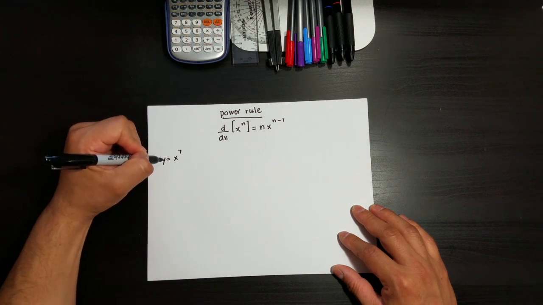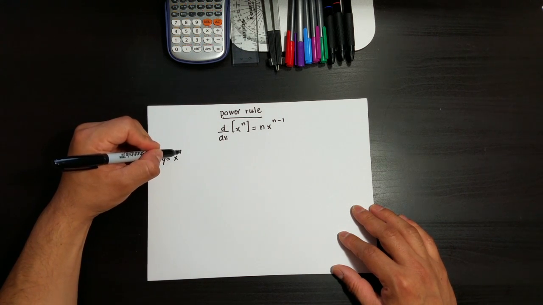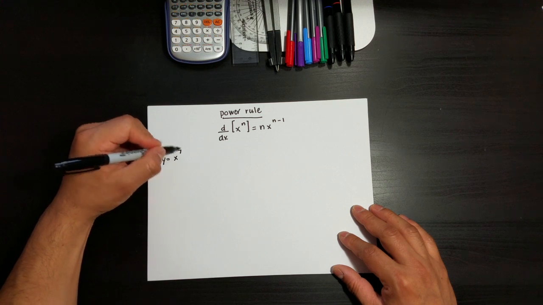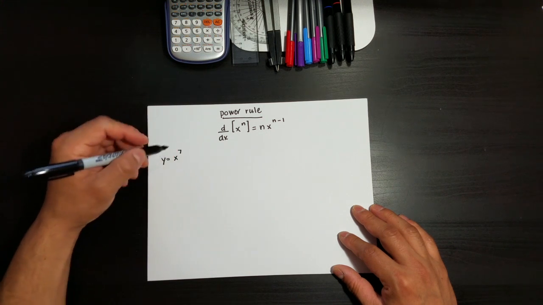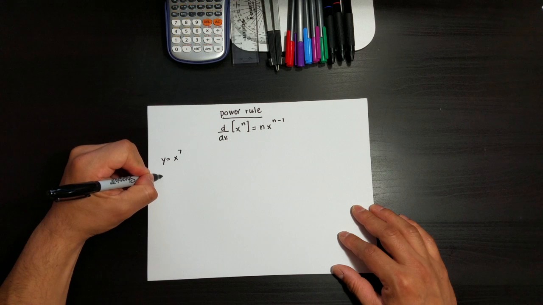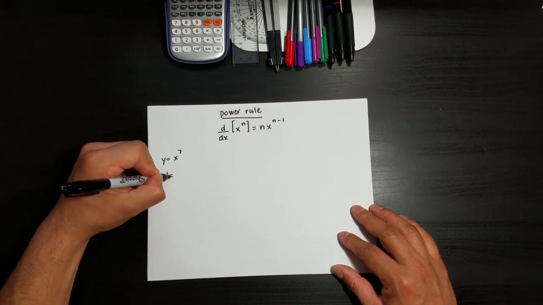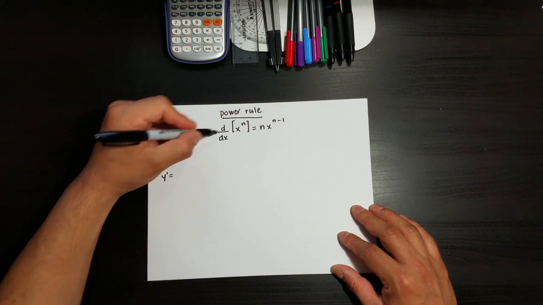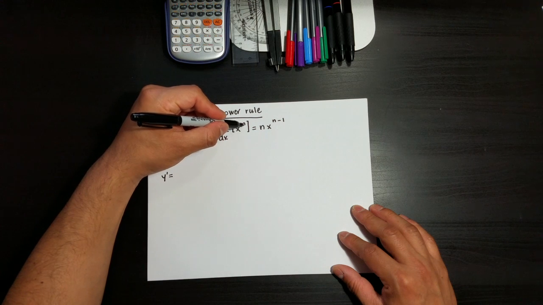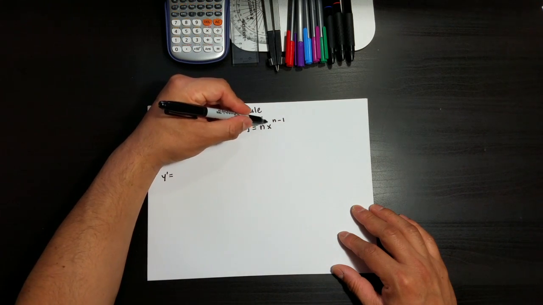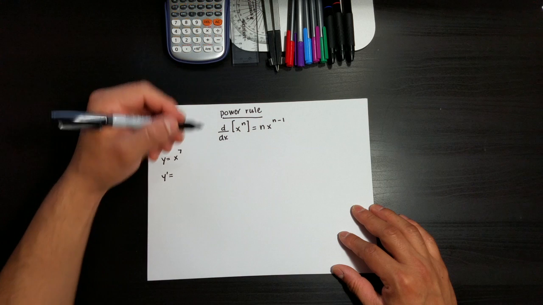Okay, here we have y equals x raised to the power of 7. If you're asked to get this derivative, what the rule says is that once you rewrite it, 7 is n. And when you have the answer, n moves in front of the x.